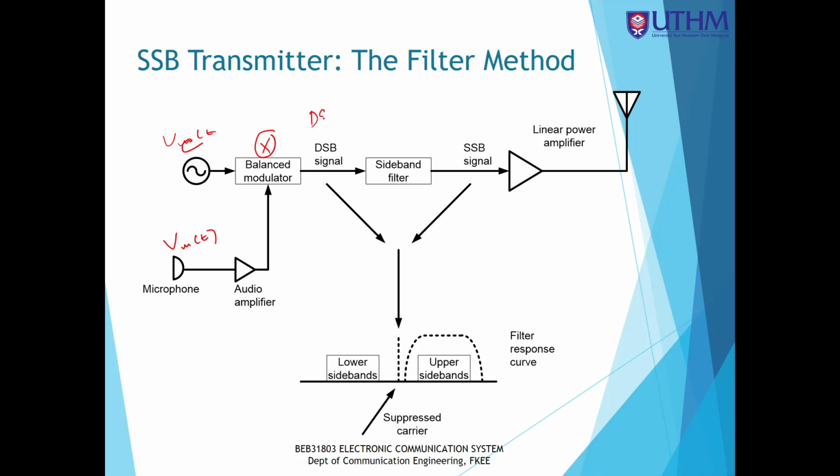What happens in the balanced modulator is that VCT is multiplied with VMT. Remember, when you multiply two inputs, you will produce two sidebands, two components. I have shown you previously.